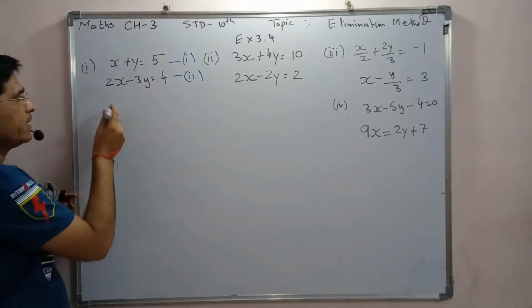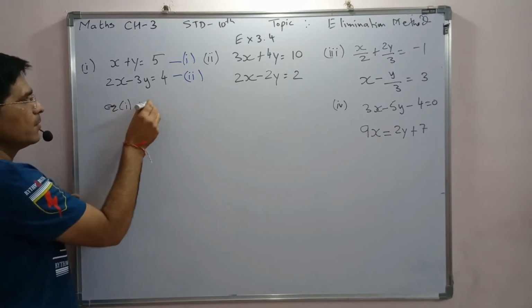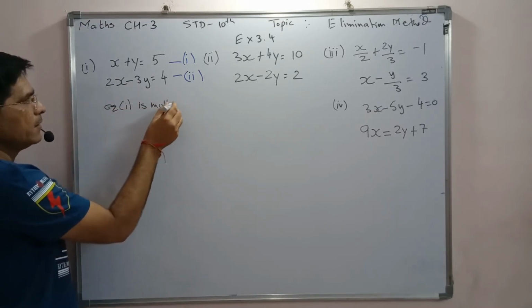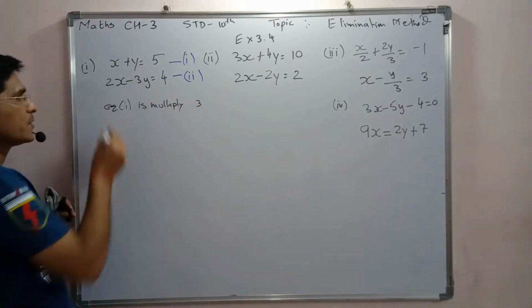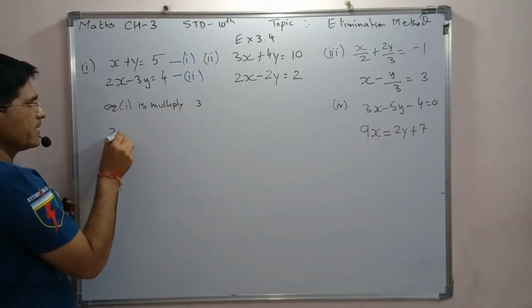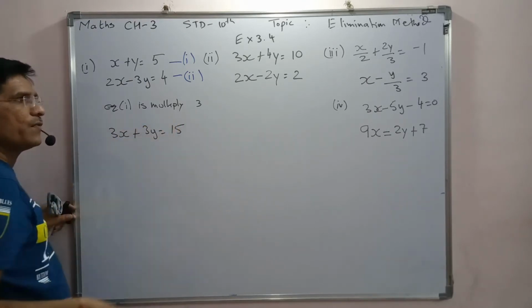So what I have to write? Equation number 1 is multiplied by 3. So now the first equation is 3x plus 3y is equal to 15.